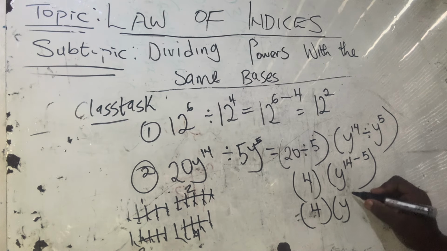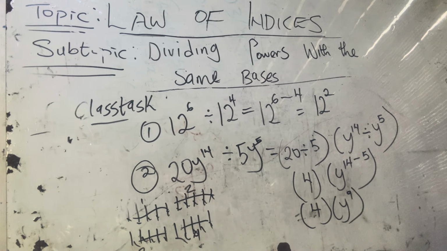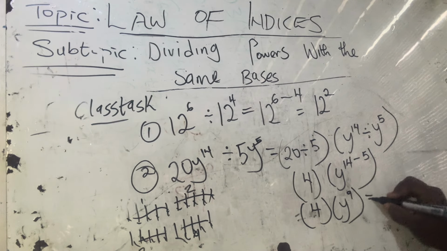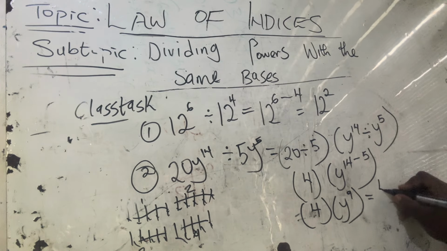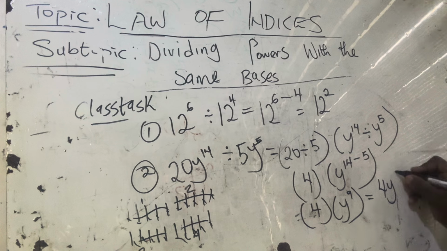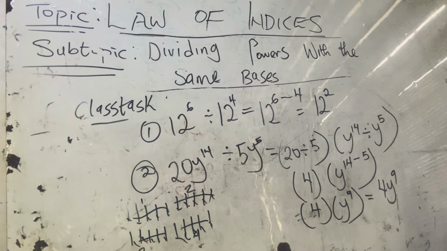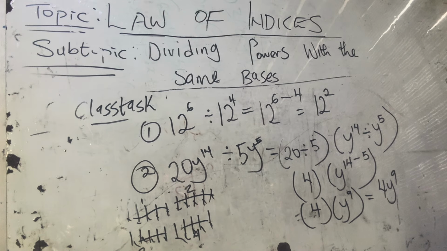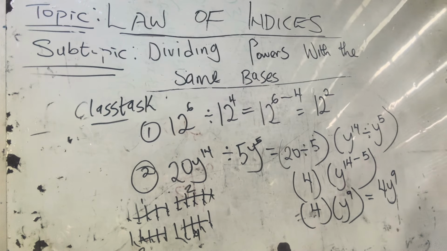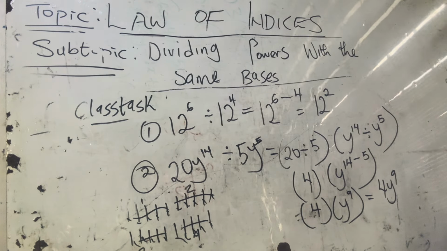That's 9. So your final answer is what? 4 times y raised to power 9 will give us 4y raised to power 9. Do you understand? Good job. Now let's take a look at this last class task.